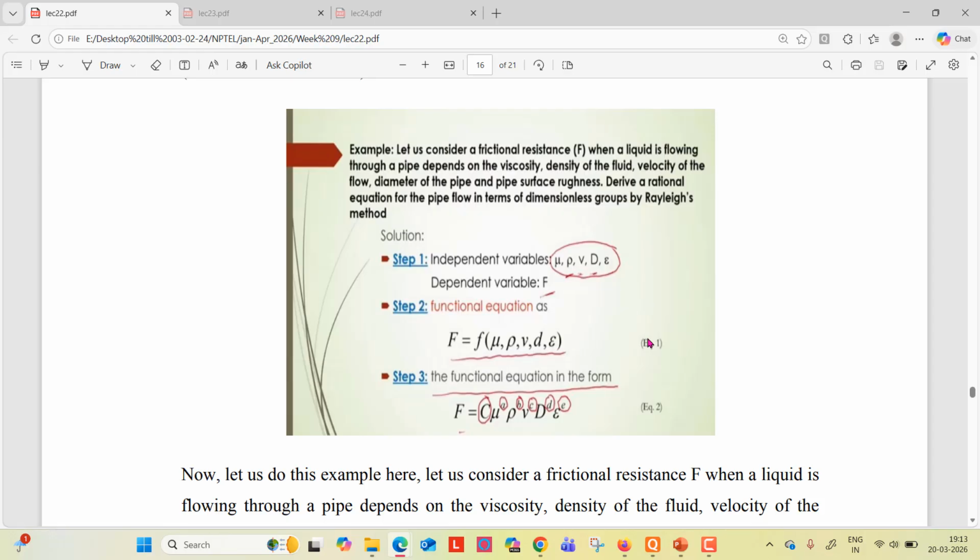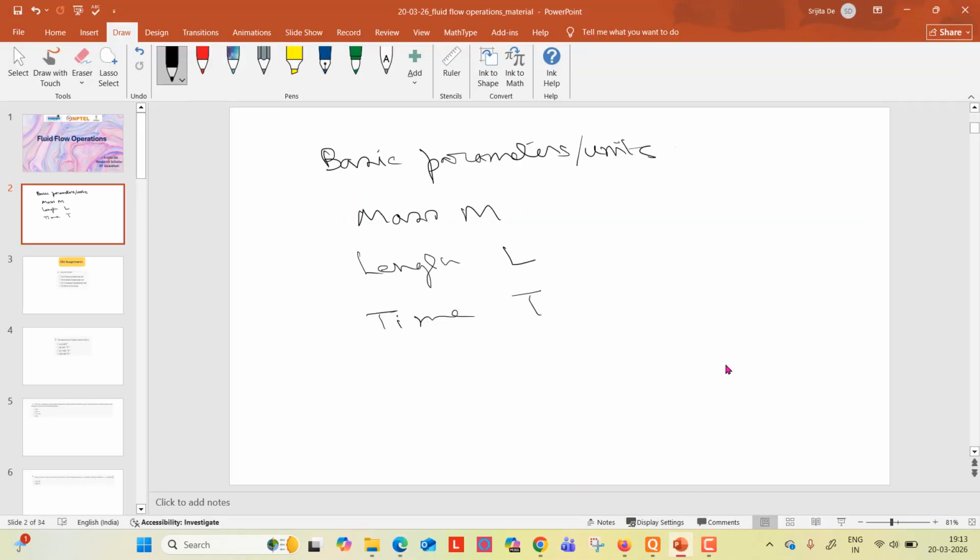That means if you change the fluid, suppose water is flowing in one case, and in the second case some sort of oil, or suppose I take honey. This has higher viscosity, higher density, right?